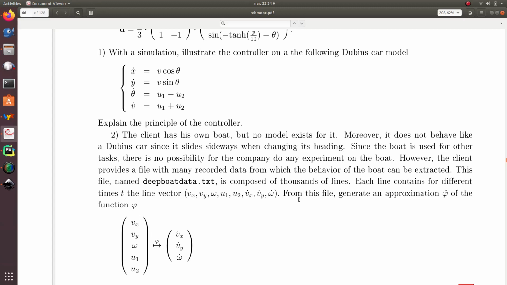From this file, I am able to have an approximation of the function phi, which from Vx, Vy, omega and the actuator inputs gives me the acceleration in the direction of x and y in the robot frame, and also the derivative of the rotation rate.